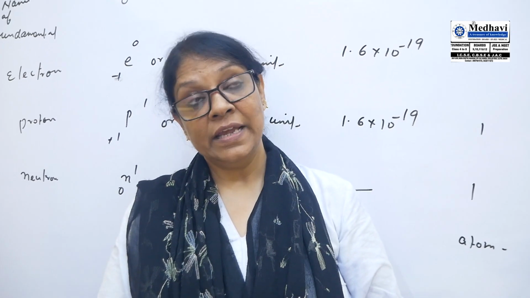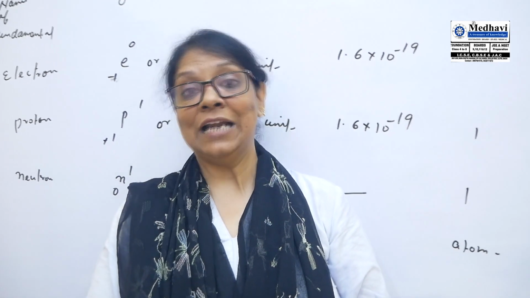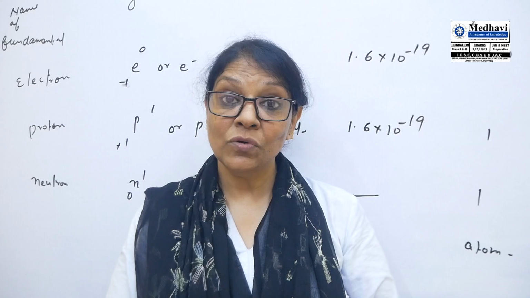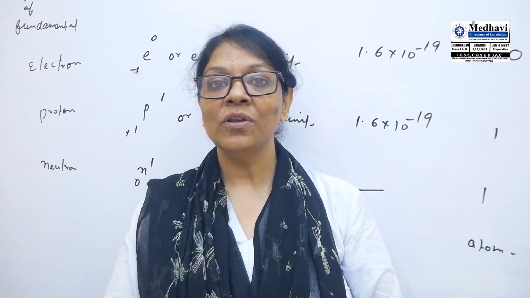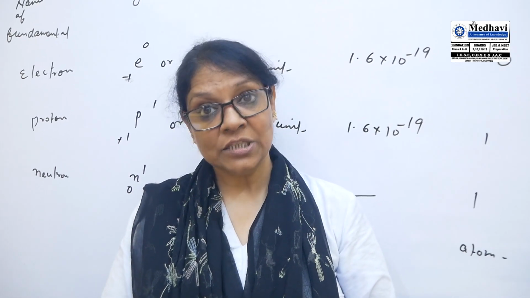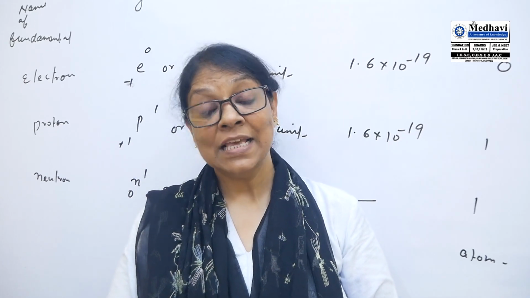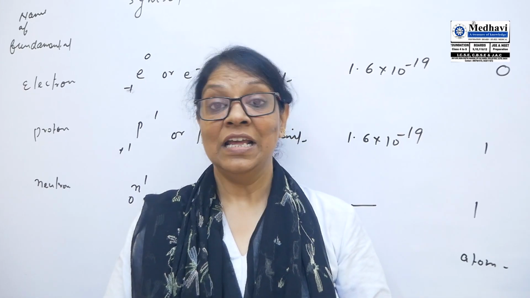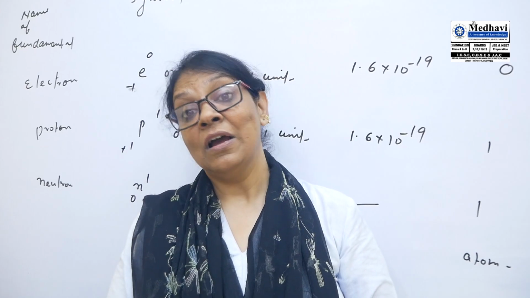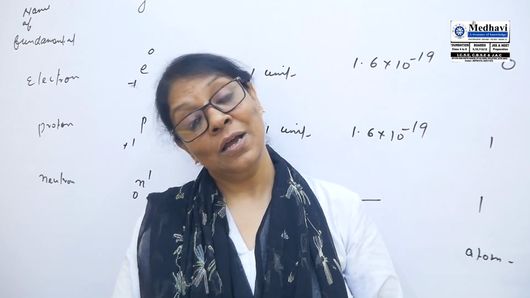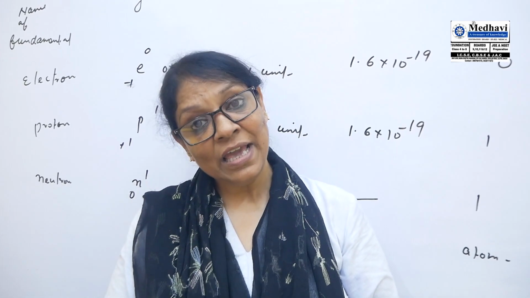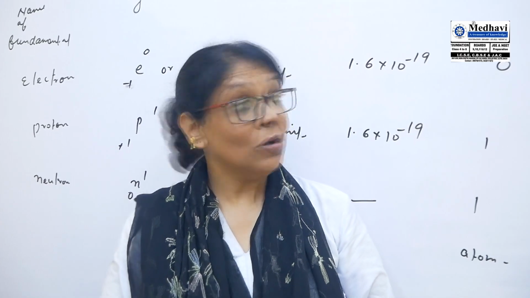Ozone, that is O3. Here, three atoms combine to produce a molecule, so it is a triatomic molecule. Whereas phosphorus, P4, and sulfur, S8, here 4 atoms of phosphorus and 8 atoms of sulfur combine to produce a polyatomic molecule. So in this way, we can categorize molecules of an element.